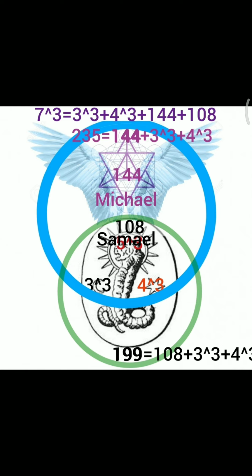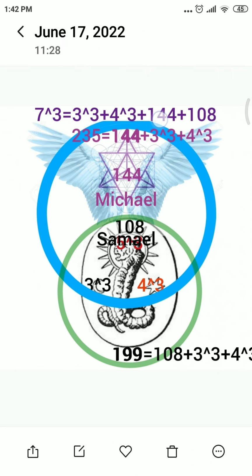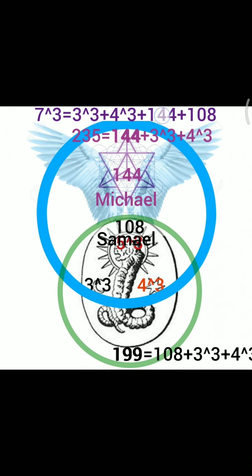When you expand that using the formula, it will become 3 cube plus 4 cube plus 3a²b. 3a²b is 3 into 3 squared, which is 9; 3 into 9 is 27; 27 into 4 is 108.